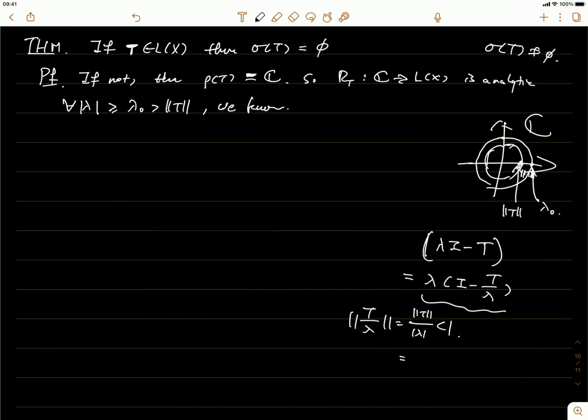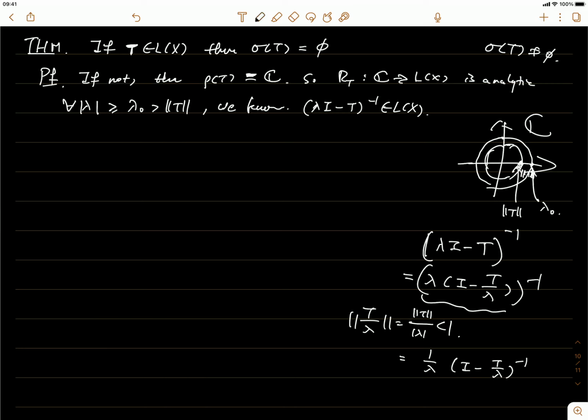So the inverse of this is equal to 1 over lambda times the inverse of I minus T over lambda. I know that is invertible, so lambda I minus T inverse exists, and this is in our space of bounded linear operators.